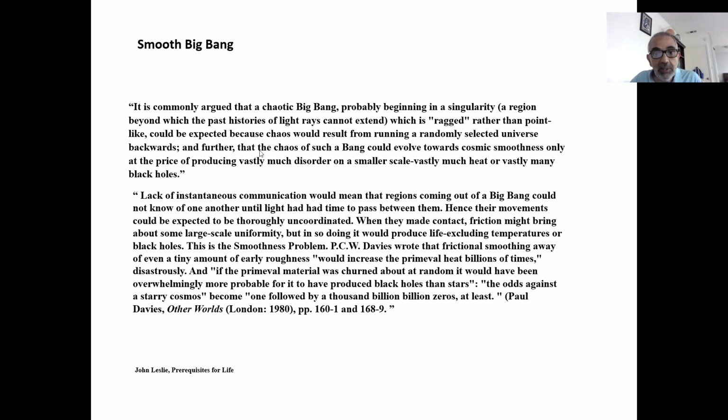Why? Because the chaos of such a Big Bang, it is said, could evolve toward cosmic smoothness only at the price of producing a great deal of heat.